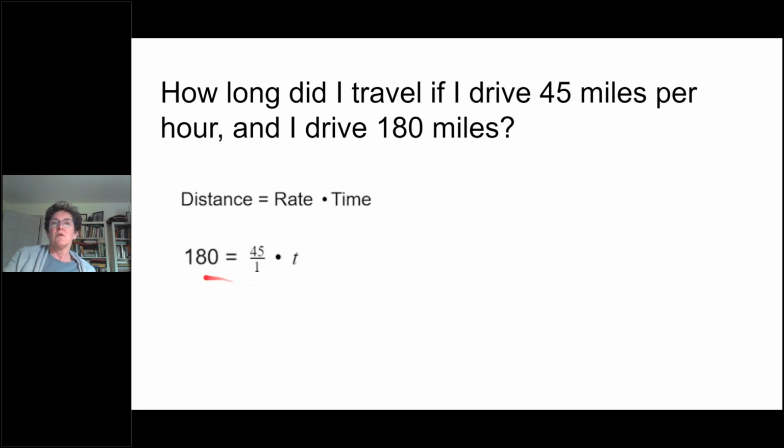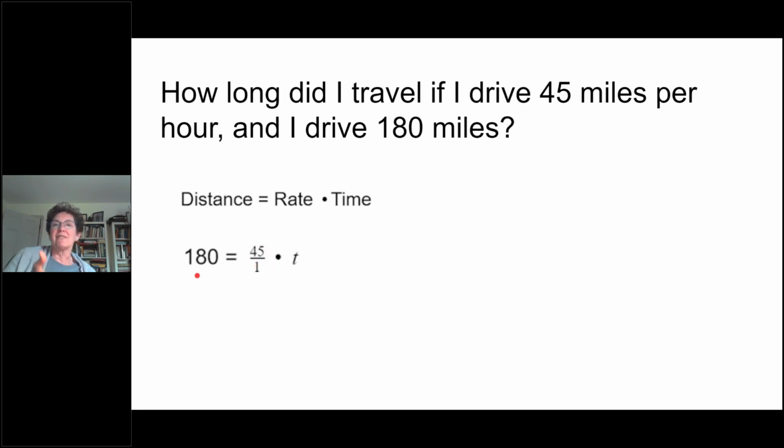So if I know that this variable and this constant are connected by multiplication, then what I want to do is the opposite of that so that I undo that multiplication. That way, I'll be moving this 45 over to the other side of the equal sign.